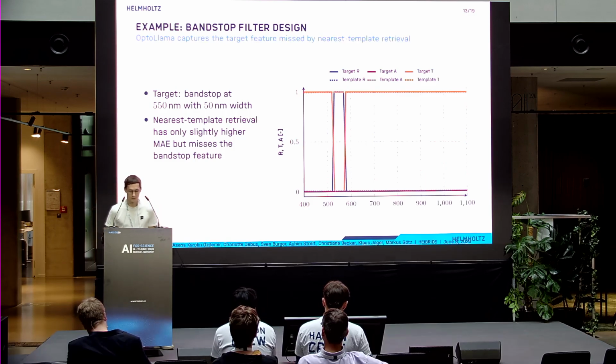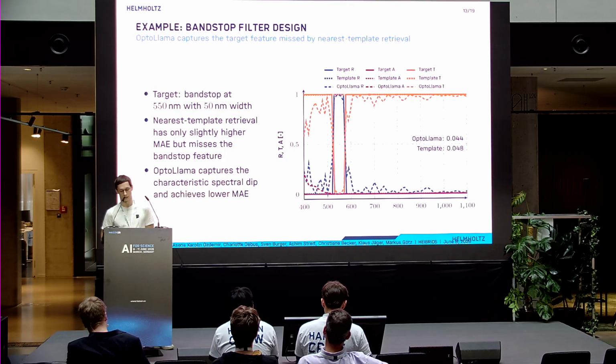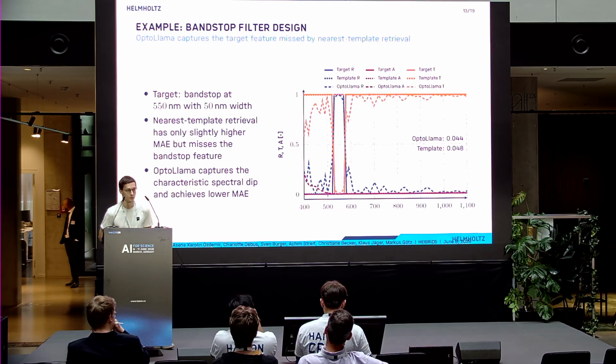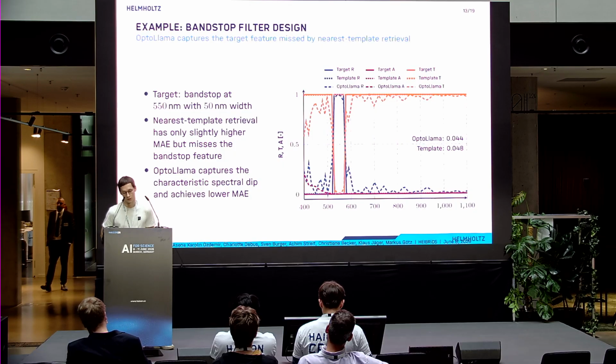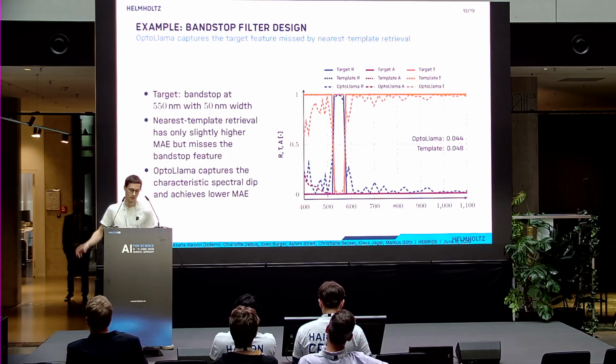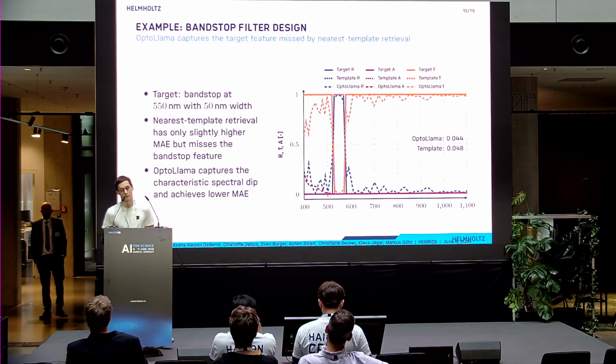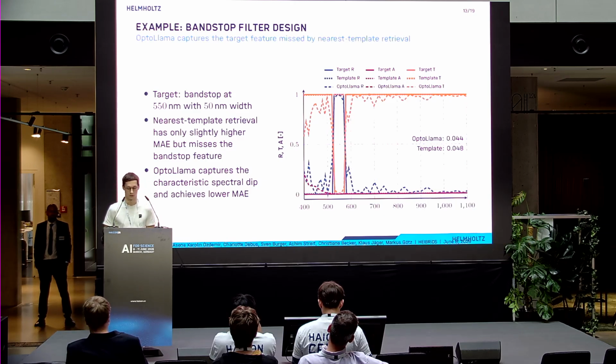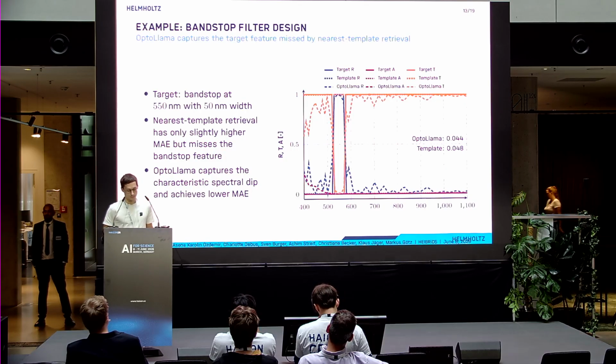And when we now prompt OptoLlama with this target, we get a stack which actually represents our characteristic feature which we want to preserve, which the nearest neighbor completely misses, and it still improves on that with the mean absolute error a tiny bit. So the model is able to still address the characteristics, even though the nearest neighbor in the training data is completely missing that.